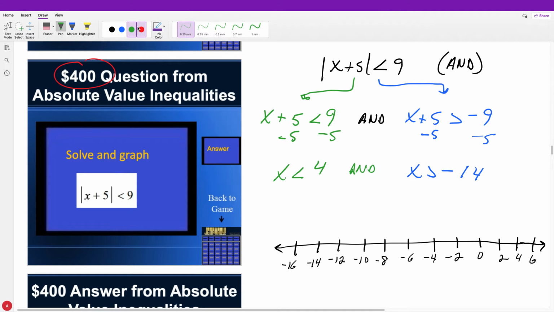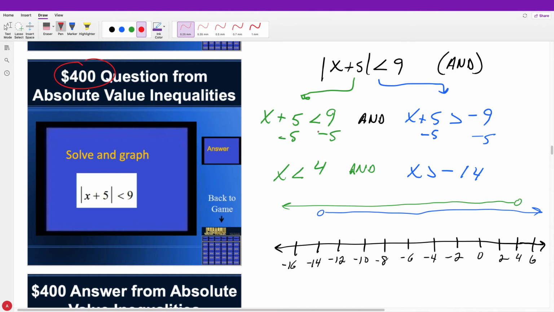This number line ended up having a lot of numbers on it. We can count in different ways. We could have counted in 4s and then approximated one of them in half. You could have made this a little bit easier for yourself, but this is the way I decided to do it. So x is less than 4 is an open circle at 4 going to the left. x is greater than negative 14 is an open circle going to the right.